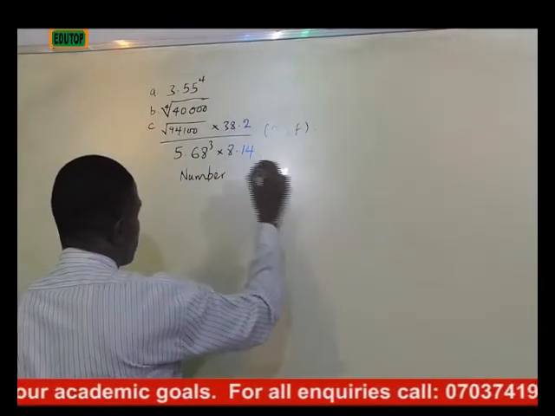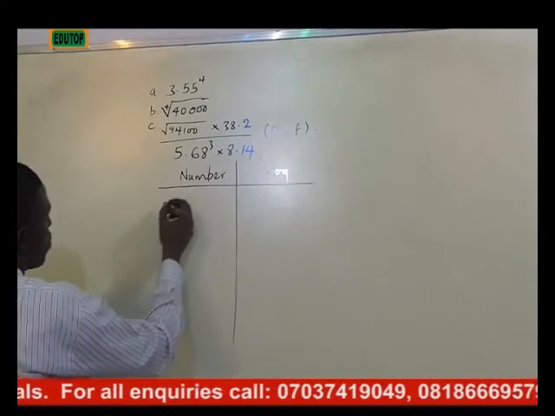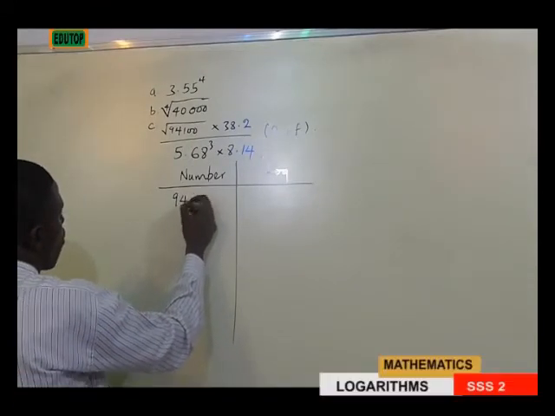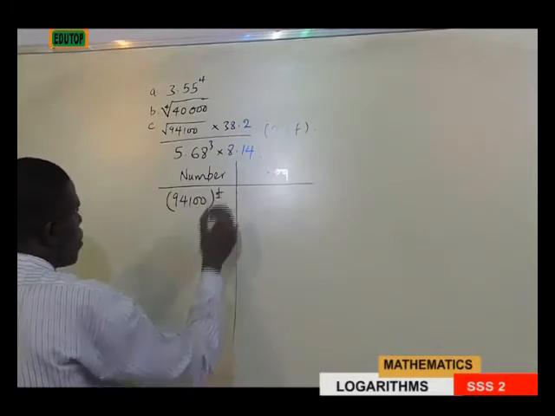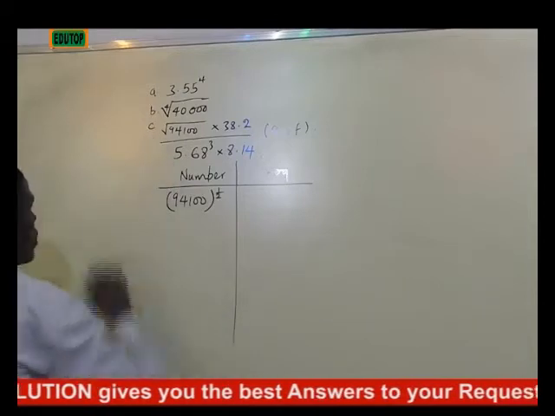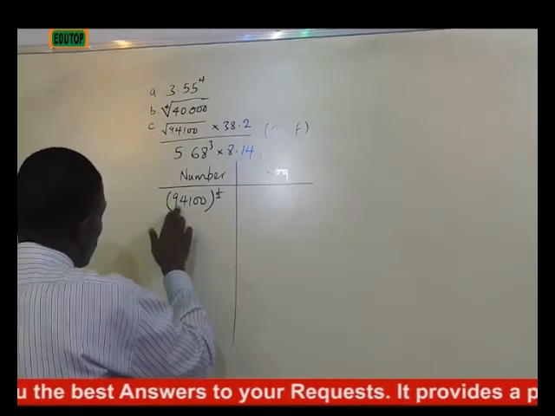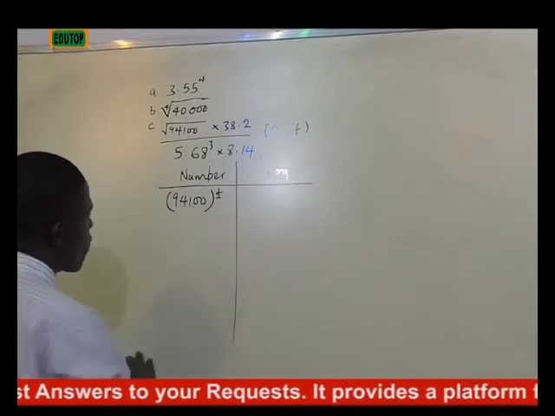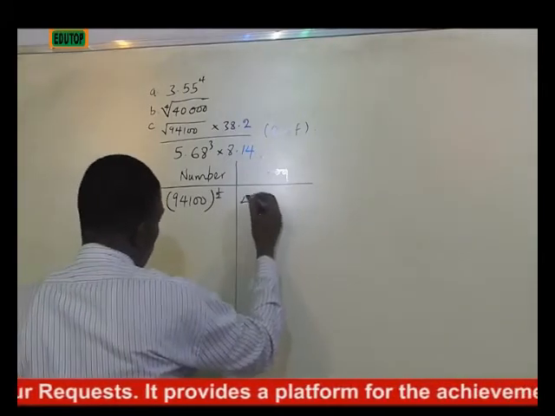Here we have our numerator, which is 94,100 raised to power half. That is a simple mathematical expression for this value. Then how many digits do we have? 1, 2, 3, 4, 5. So we have 5 digits, automatically the characteristic will be 4.